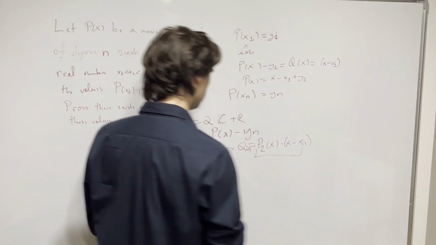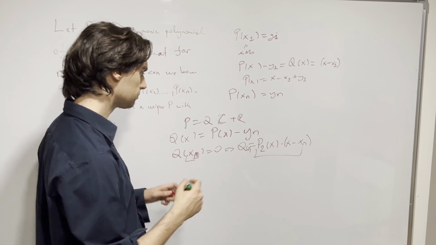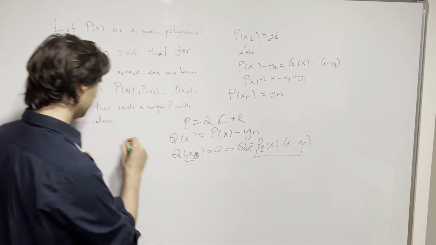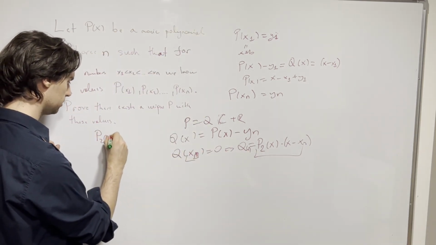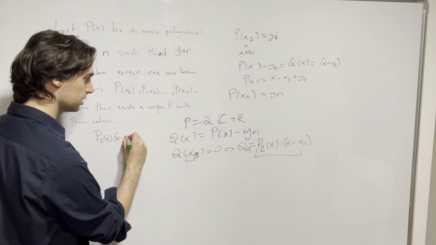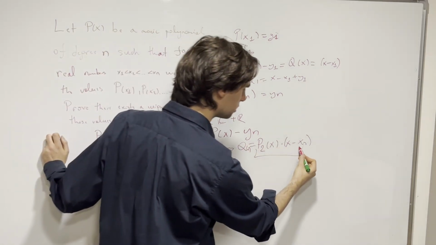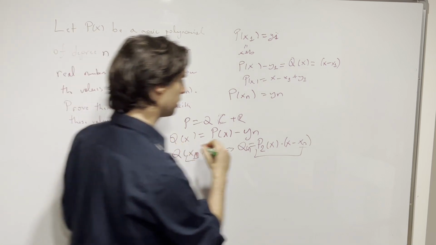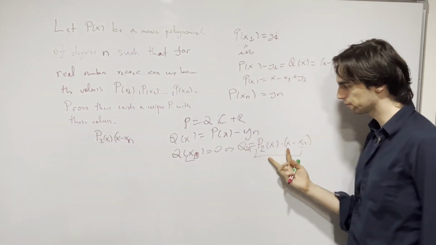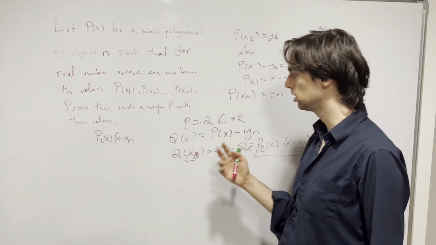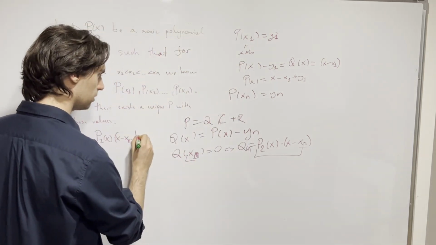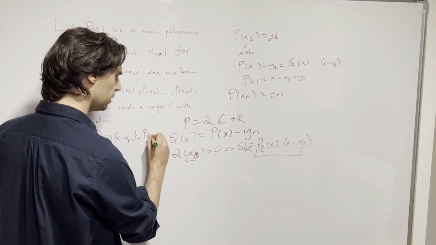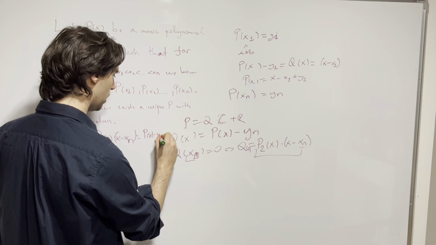And now what is p2 of x? Well, we have p2 of x times x minus xn, which is q of x, which is equal to p of x minus yn.